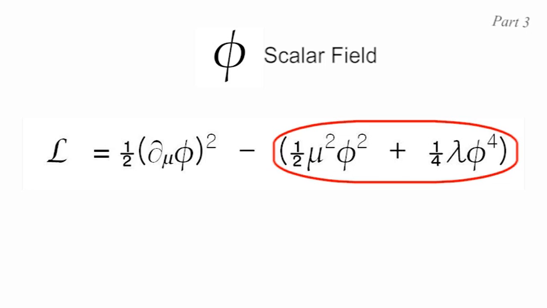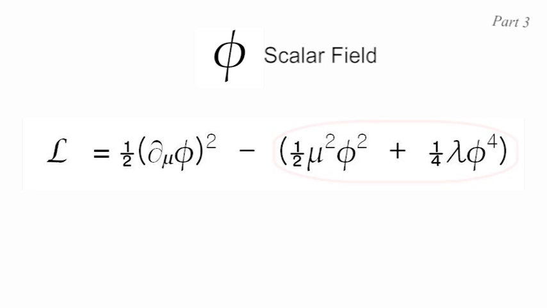You can see also that the potential term depends not only on phi, but on 2 parameters, mu squared and lambda. Again, I apologize for the use of the letter mu to mean 2 entirely different things. The mu in this potential part is just a parameter or constant in the equation, which turns out to be the mass of the particle excited from the field.